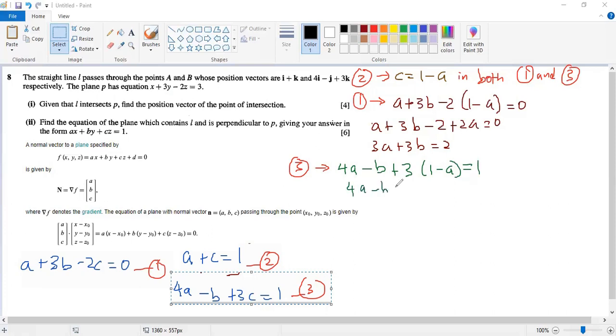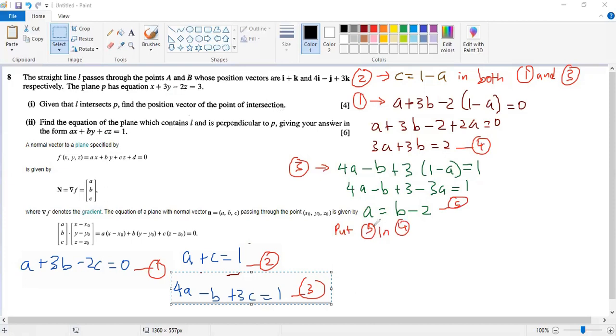So 4a minus b plus 3 minus 3a equals 1. 4a minus 3a is a. Then bring the other side: a equals b minus 2, since 1 minus 3 is negative 2. Then we know how to solve this. This is equation 4, this is equation 5. Let's put 5 in 4, sorry, and solve.